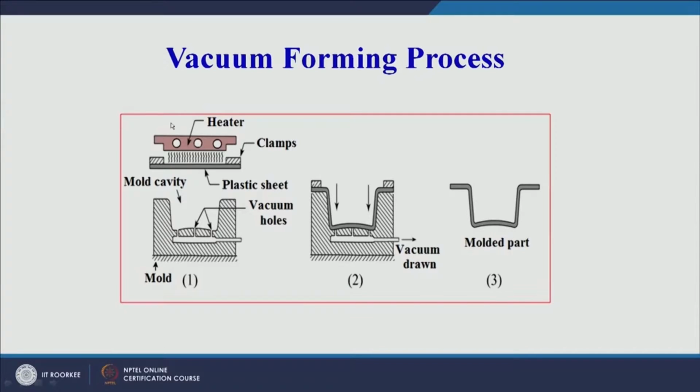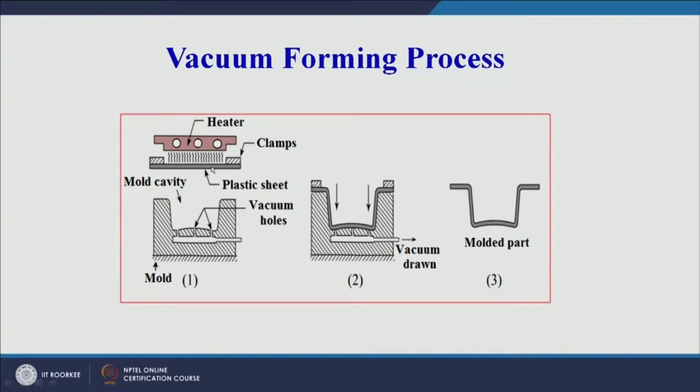To start with, on your screen you can see we have a basic diagram of a vacuum forming process. In vacuum forming process, let me first read out what is there on your screen. There is a heating arrangement, there are clamps, there is a raw material thermoplastic sheet, this grey color sheet on your screen. You can follow the cursor.